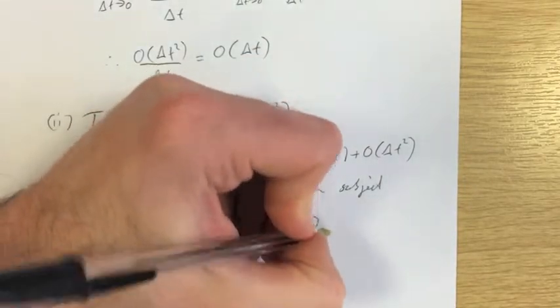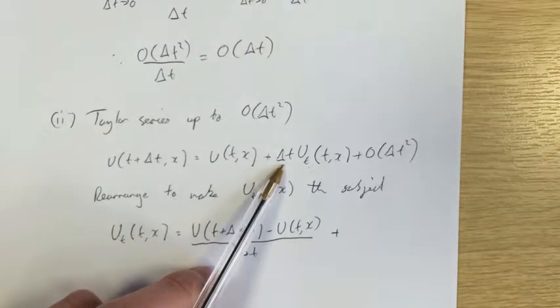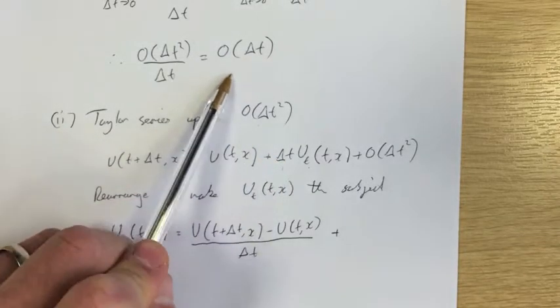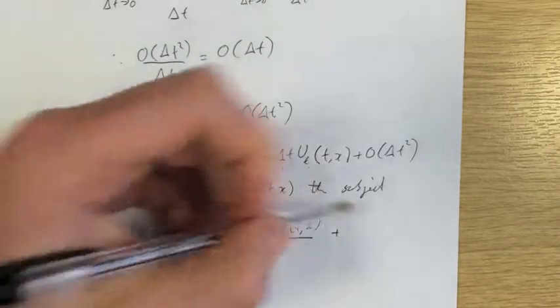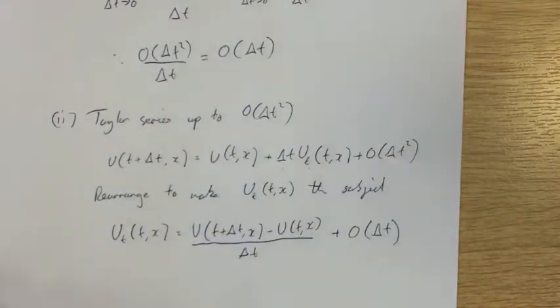Now the truncation error is delta t squared, but I'm going to divide by delta t. We've seen from earlier, if we do that you just get big O delta t, which shows that this is the first order approximation.